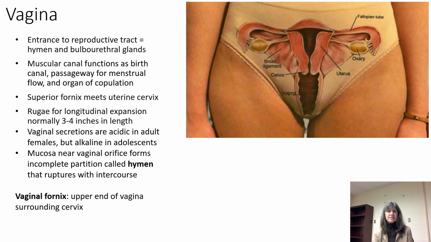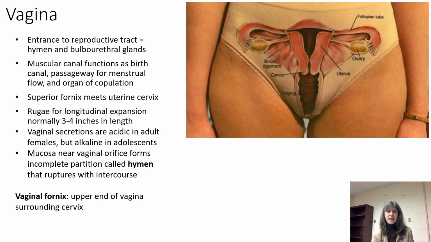The next organ we're going to discuss is the vagina, which is the entrance to the reproductive tract for the female, and again is where the hymen, that very thin mucous membrane that can rupture easily, is found, and the bulbourethral glands are also found near the entrance to the vagina. The vagina is a muscular canal that functions as a birth canal, functions as a passageway for menstrual flow, and functions as an organ of copulation.